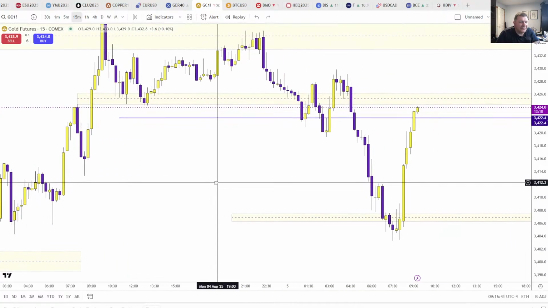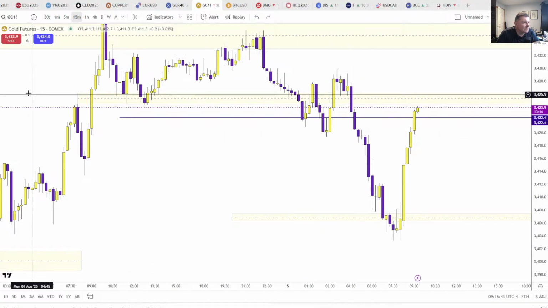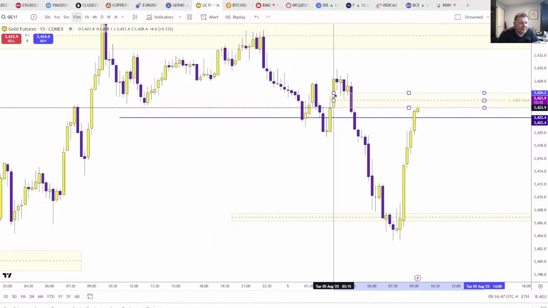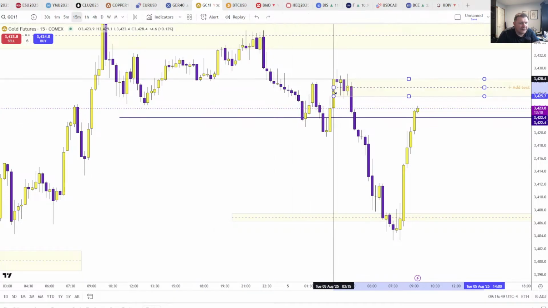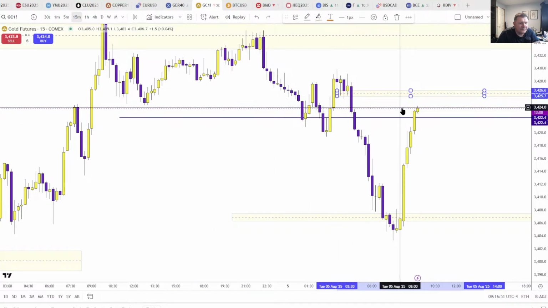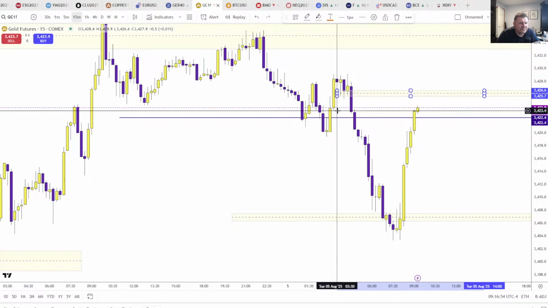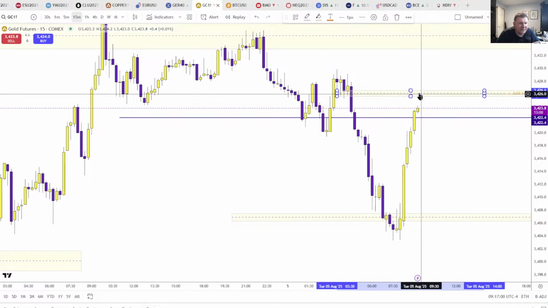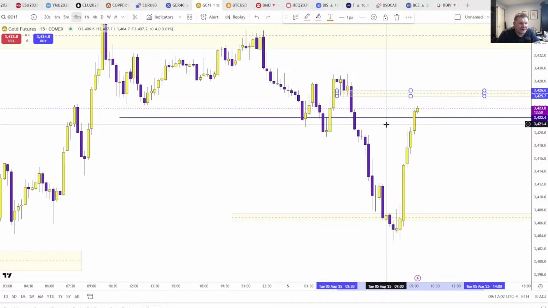Where are we going next for gold? Look for this objective right here. We've opened and closed on that, so we'll see if we continue to push up into this level here.